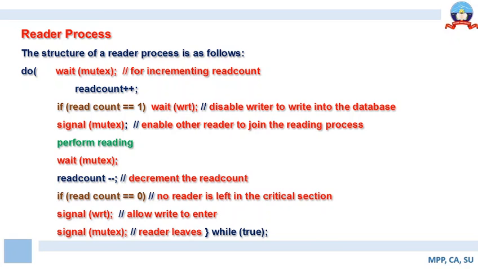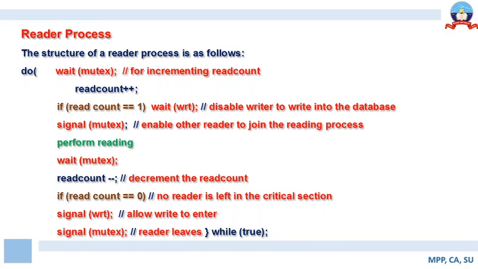Again, I'll explain the reader process. Initially, we execute a wait on mutex, right? Mutex is a semaphore that is used to perform operations on read count. If mutex is 1, mutex will be decremented by 1, so it will be 0, and read count will be incremented by 1.